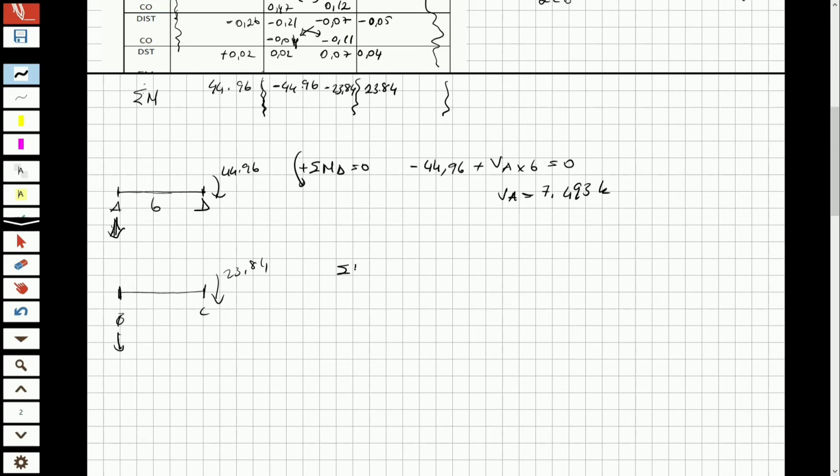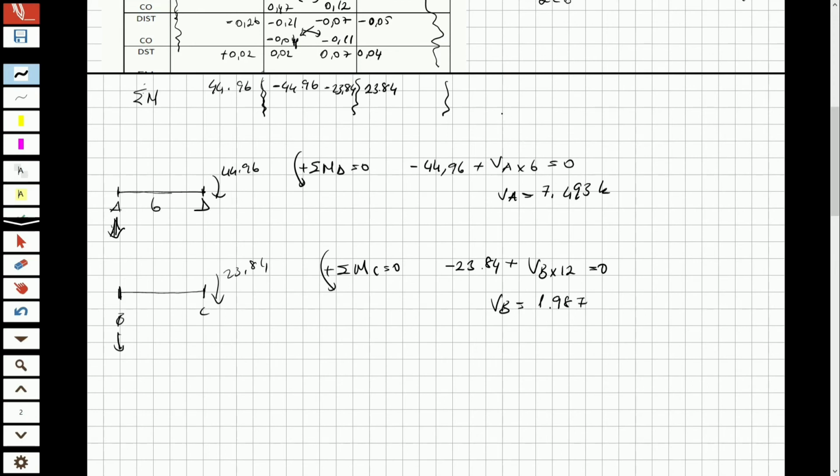So total moment at C is equal to 0, and this direction is positive: minus 23.84 plus VB multiplied with 12 equal to 0. VB will be equal to 1987.